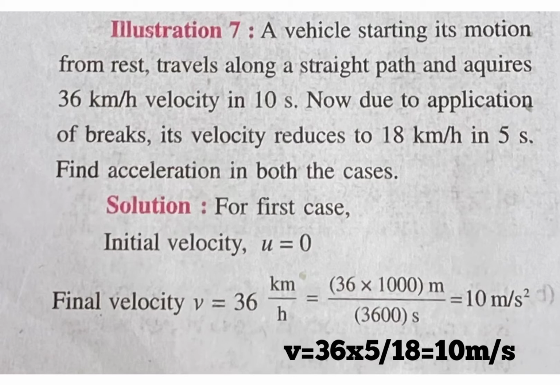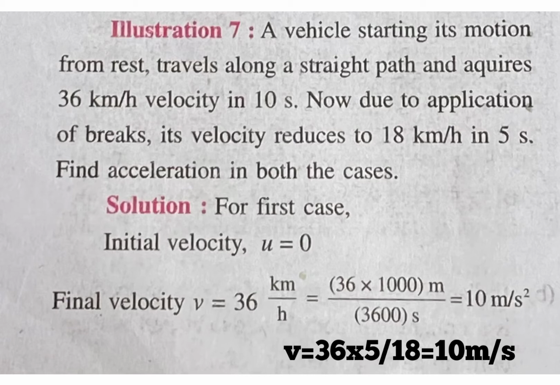Since it is starting from rest, its initial velocity u will be equal to 0. Now it is traveling along a straight path and acquires velocity 36 km per hour. So its final velocity is 36 km per hour and time required for this is 10 seconds. So this is our first case.